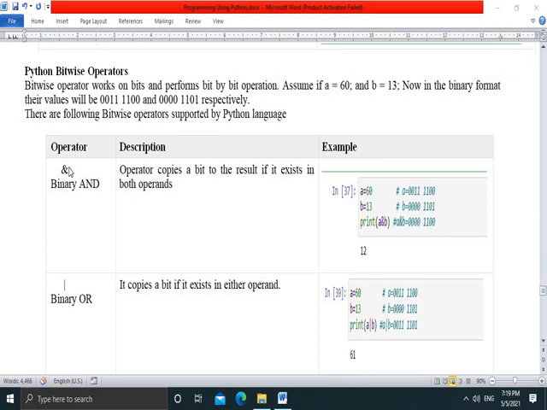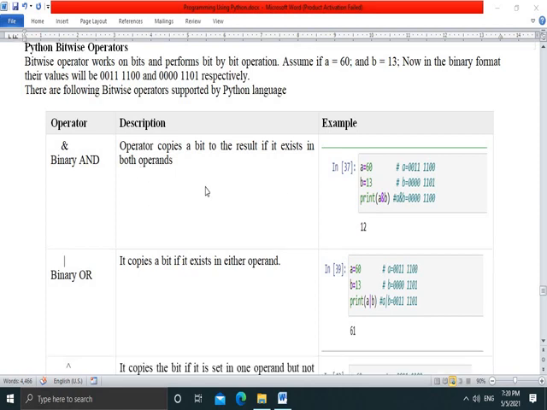Bitwise operator AND. This operator copies a bit to the result if it exists in both operands. So here we take a equal to 60, b equal to 13 and perform a and b. The binary of a is 0011 1100 and the binary of 13 is 0000 1101.